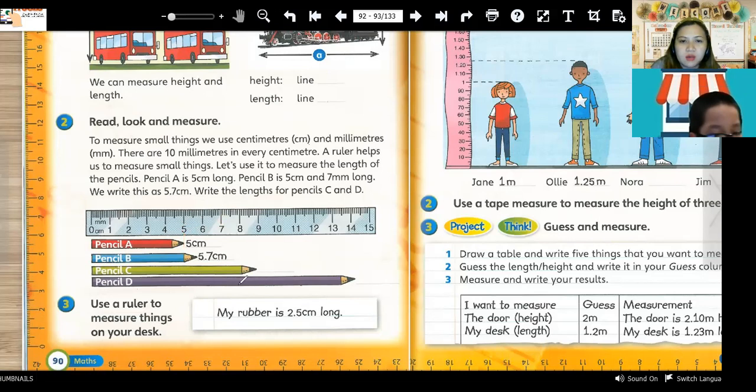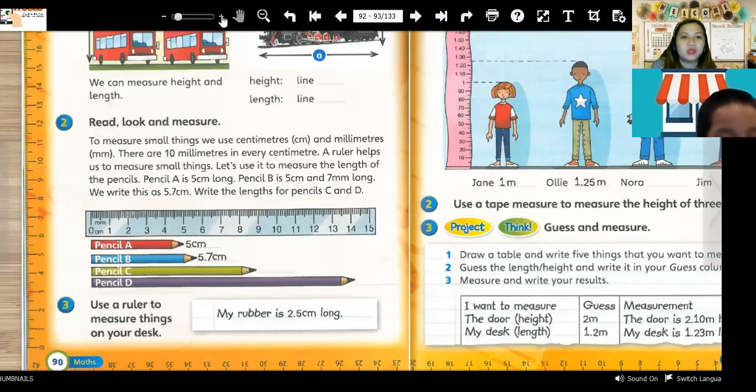Okay? So look at pencil B. How long is pencil B? So that's 5 centimeters and 7 millimeters long. So you will write that one as 5.7 centimeters. Is it clear? Yeah, it's clear. Now, I want you to measure pencil C and pencil D just by looking at the ruler there.